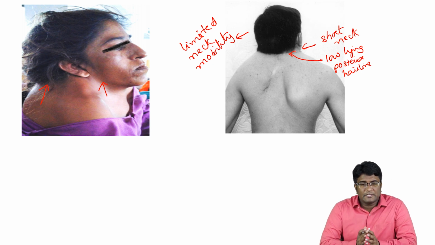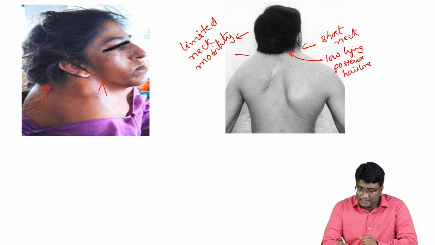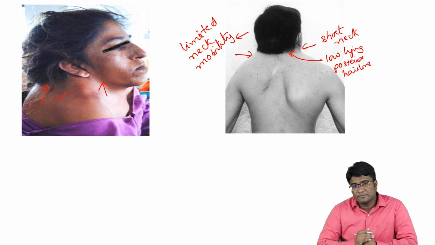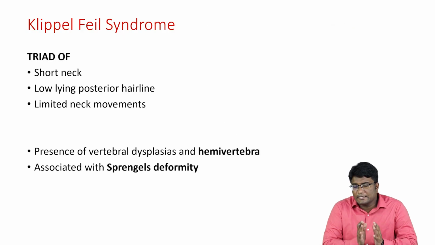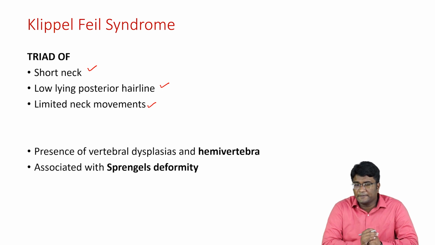And most of these Klippel-Feil syndrome, as I told you before, are associated with a high-lying scapula, that is Sprengel's deformity. So you can see here, right, there could be a high-lying scapula associated with Sprengel's deformity. So let us review Klippel-Feil syndrome. It has a clinical triad of short neck, low-lying posterior hairline as well as limited neck mobility.